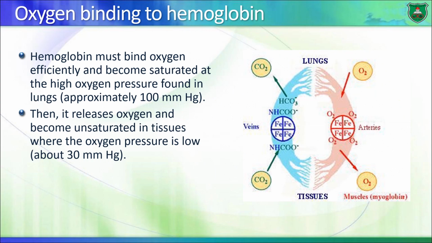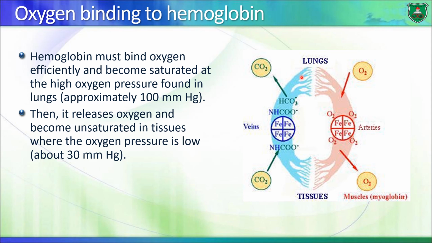Now, so let's relate structure to function. The idea is that the purpose of hemoglobin is to transport oxygen from lungs to tissues, and then it carries CO2 back from tissues to lungs.